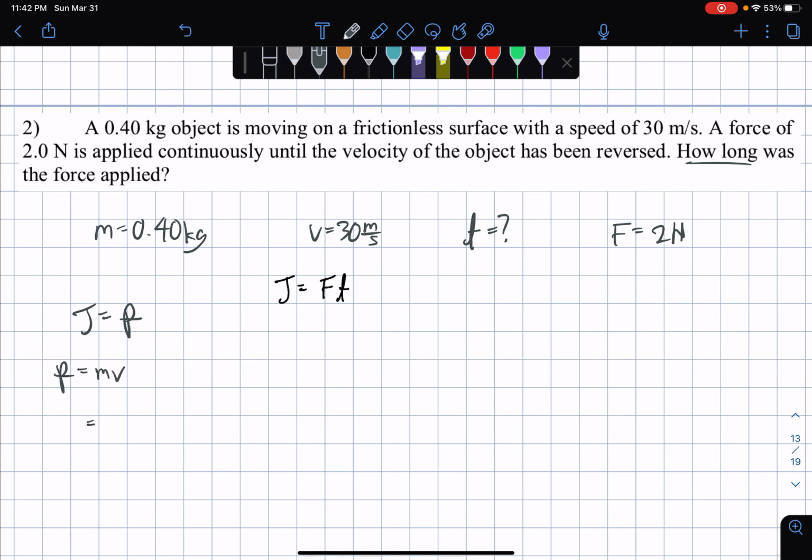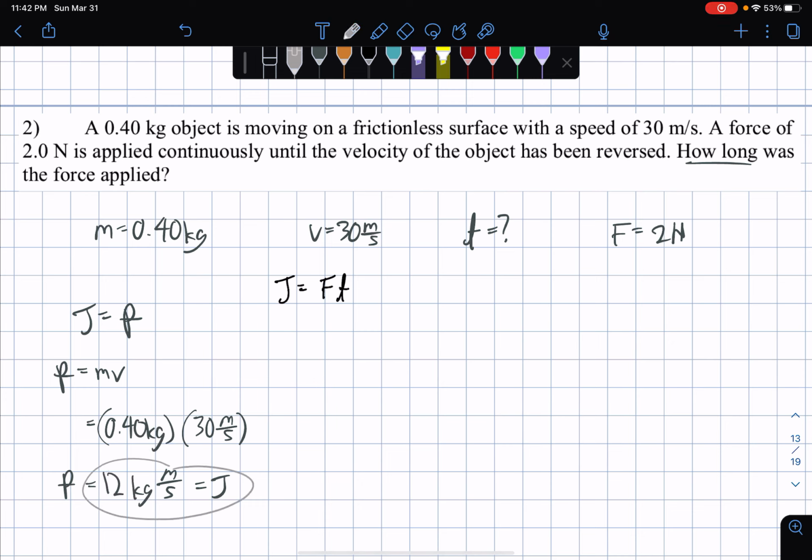Let's do that. 0.40 times 30 is 12. And that could also be equal to impulse. We have the value of impulse. We have the value of force. Now it's time to substitute.